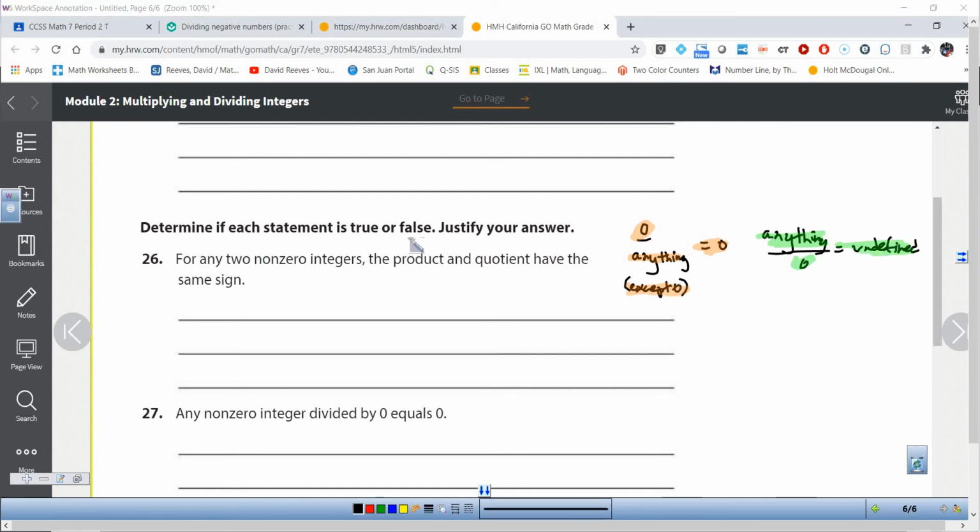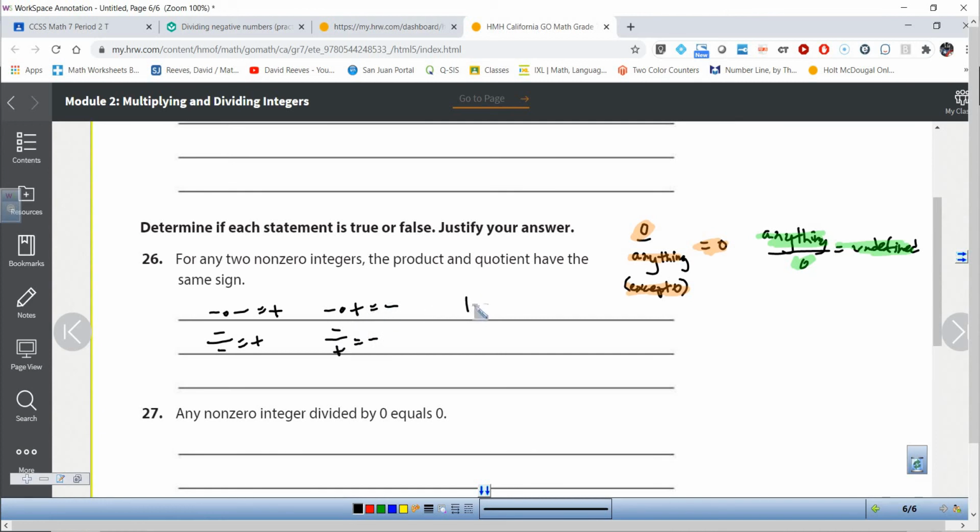All right, so it says determine if each statement is true or false. For any non-zero integers, the product and the quotient have the same sign. All right, so a negative times a negative is a positive, right? A negative divided by a negative is also a positive. A negative times a positive is a negative, and a negative divided by a positive is a negative, and so on.